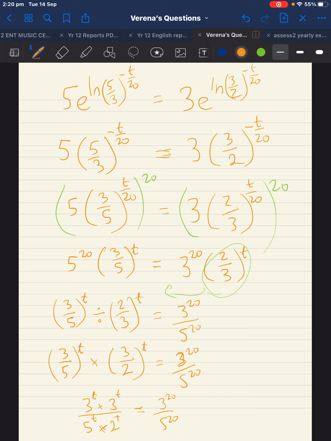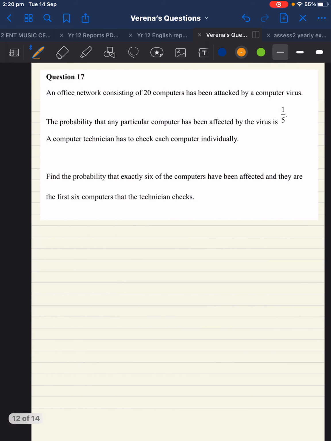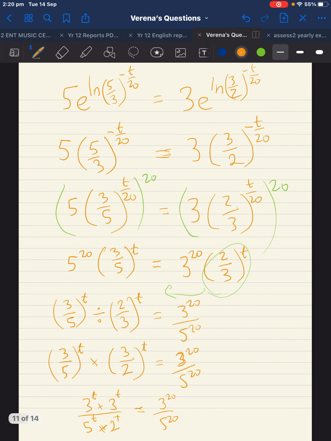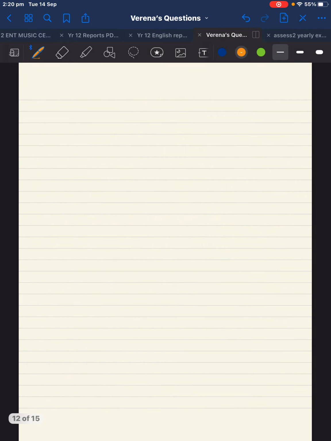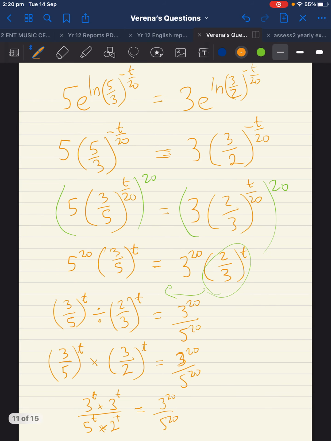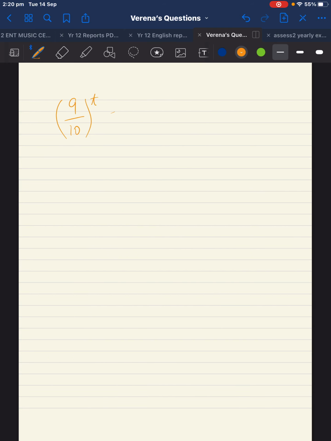Okay, so we end up with, over here, 9 all over 10 all to the power of t, right? And over here we have 3 to the 20 all over 5 to the 20.